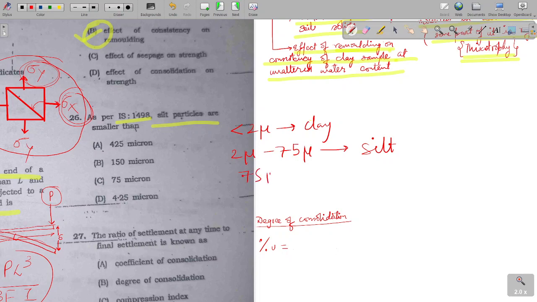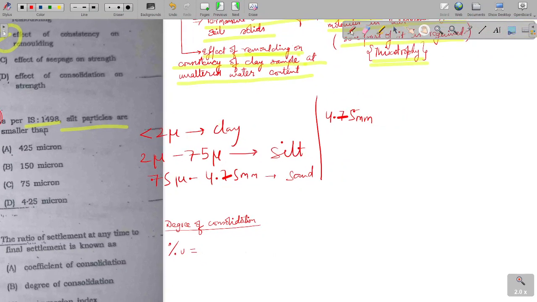Then 75 micron to 4.75 mm we have got sand. Above 4.75 mm we have got gravel, then cobble, and then boulders.